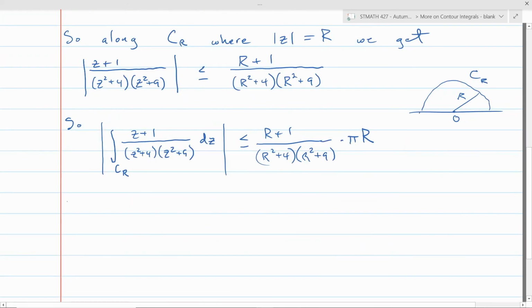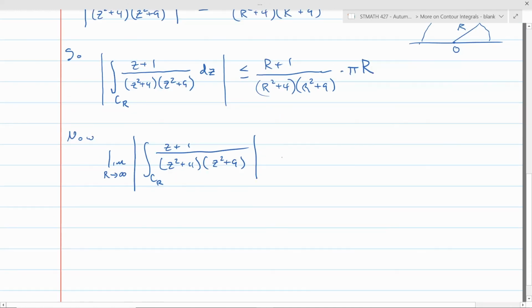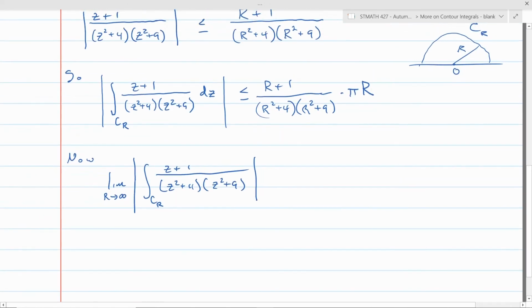And so you can see that in this expression, it's a rational expression in terms of R, where the degree of the numerator is 2 and the degree of the denominator is 4. So clearly it's going to go to 0 if you take the limit. So the limit as R goes to infinity of the modulus of this integral. I guess it bears pointing out that we're sort of doing the squeeze law, right?